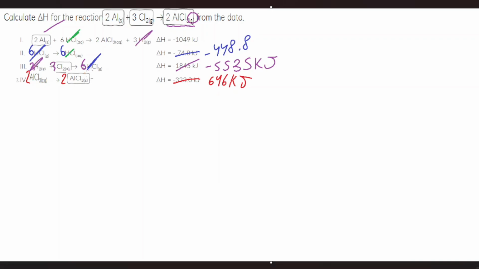And then this cancels out this. And let's look at the only things we haven't crossed off. 2Al, 3Cl, and 2AlCl. So now let's just begin writing 2Al(s) plus 3Cl2(g) gives 2AlCl3.